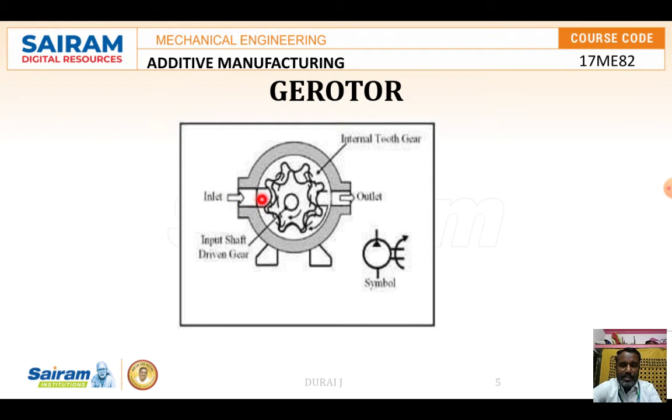What happens is that pressurized air enters and acts on the internal gear teeth. So the gear teeth start to rotate, and the internal gear meshes with the external gear.